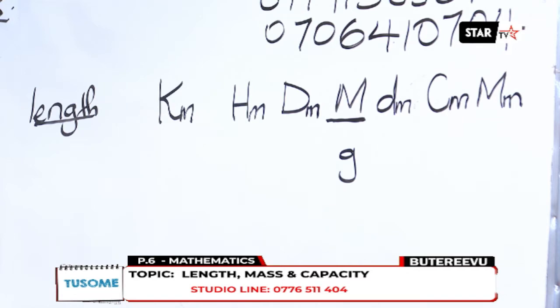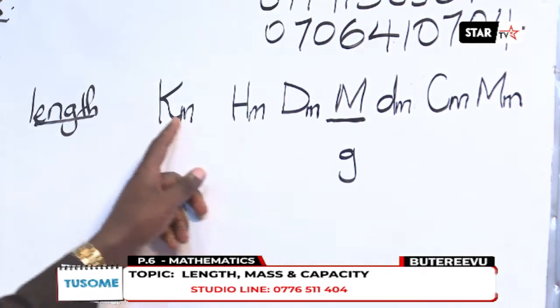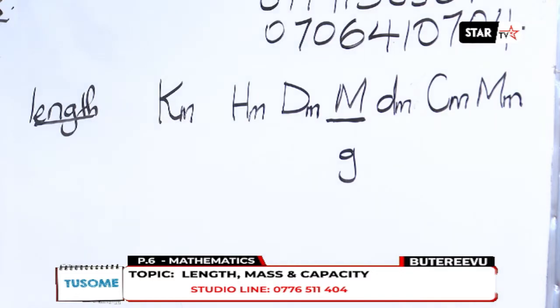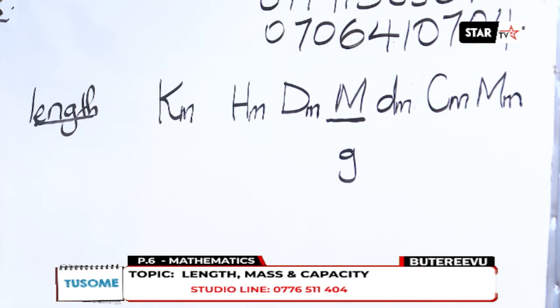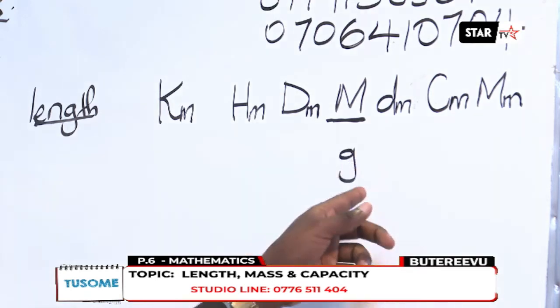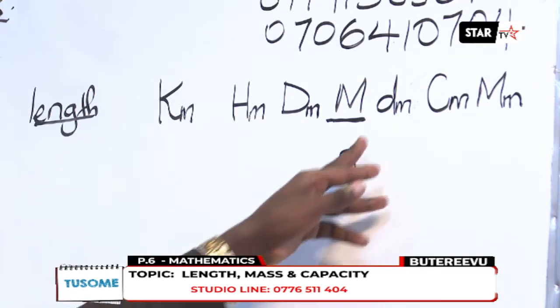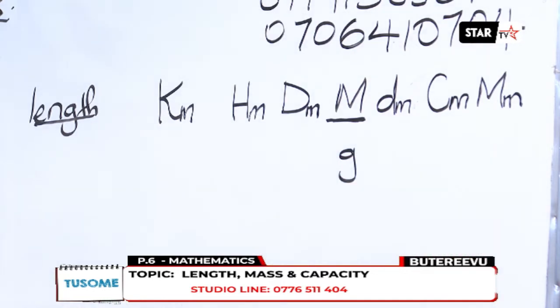My dear friend, if I have grams, this will be kilogram. I will have hectogram. Then decagram, I will have gram. Then I will have decigram. I guess you can complete centigram and milligram.